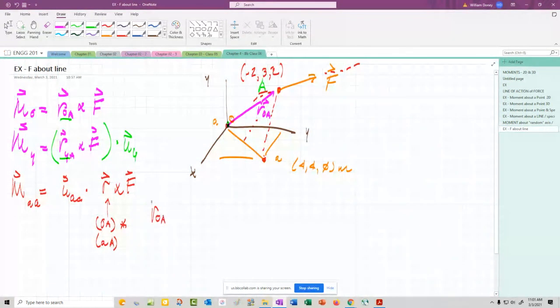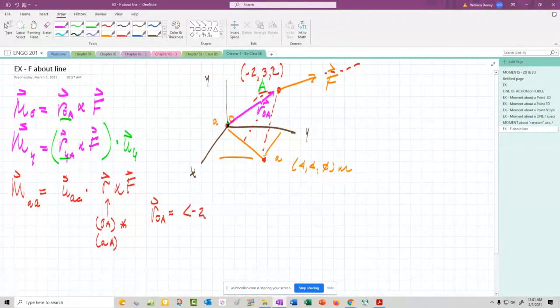So the position vector from O to A. We take the A coordinate minus the O coordinate, -2, 3, 2 meters. If we want to find the unit vector of that, we would have to take that vector over its magnitude. We don't need that.